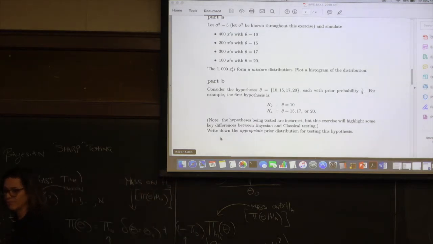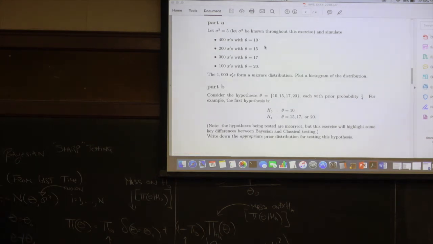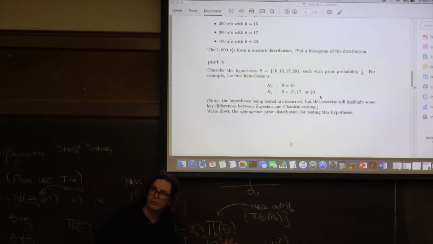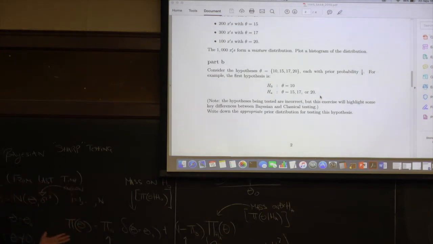So I'm going to ask you to compute the posterior probabilities for these 4 different hypotheses that I could pick. So theta is equal to 10, 15, 17, or 20, and compare them to the other things. Keep in mind the alternative space when you do this test, it's only being evaluated at 3 points. It's not continuous. Okay, so the alternative would be a point mass on 3 different locations, and the null would be a point mass on 1 location.